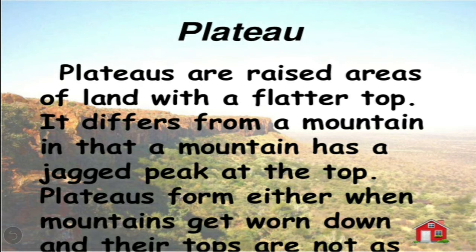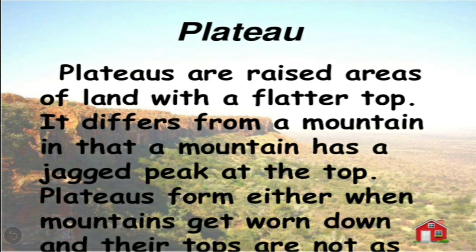Now next is plateau. Plateaus are raised areas of land with a flatter top. It differs from a mountain in that a mountain has a jagged peak at the top.